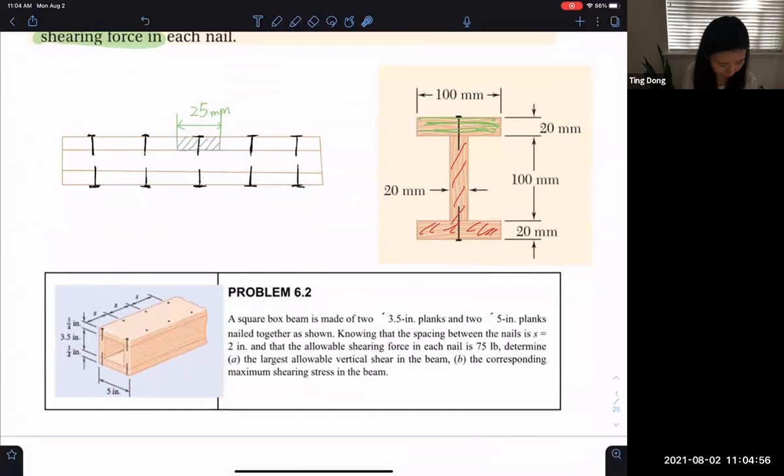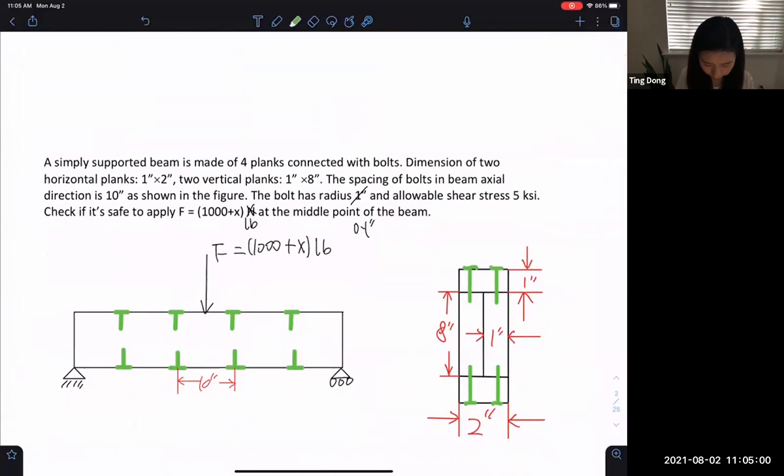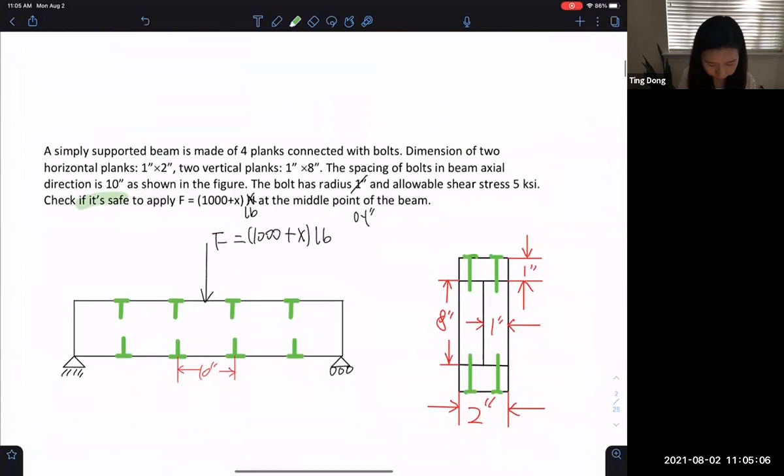Same thing with one of the previous quiz problems: check if it's safe. Of course, we are comparing the shear force generated here with the capability of the bolt.